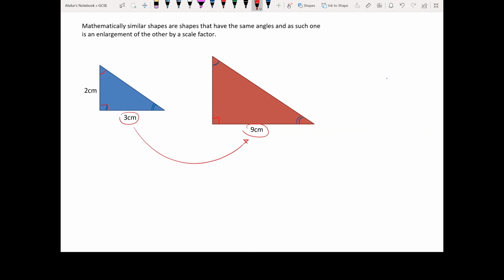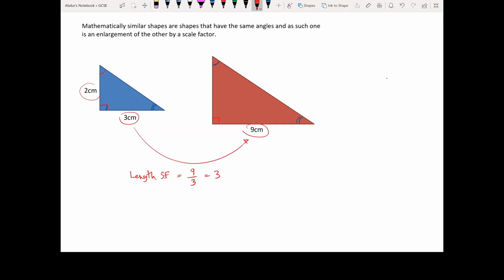And then we can write down what this scale factor is. To work out the scale factor, we can do the larger shape's length divided by the smaller shape's length. So if I do 9 divided by 3, this gets me the length scale factor. So 9 over 3, which is equal to 3. Okay, so I've got my length scale factor, and now I can go and find out the second length.